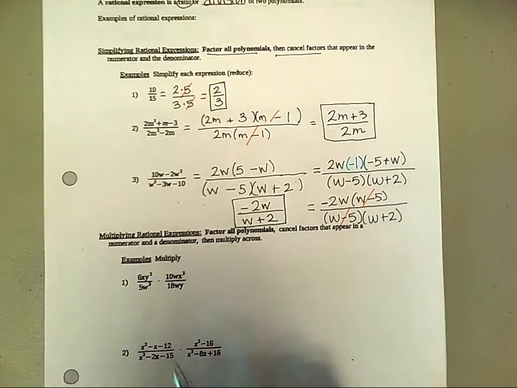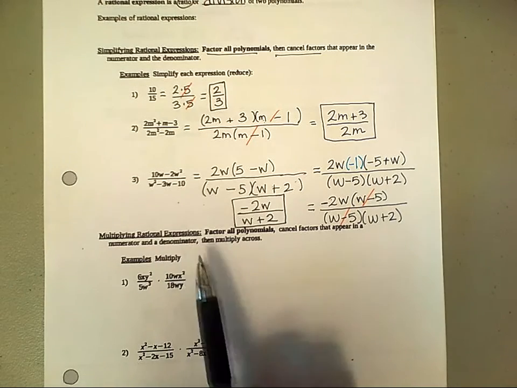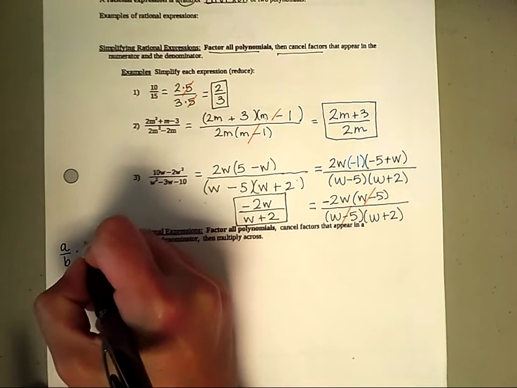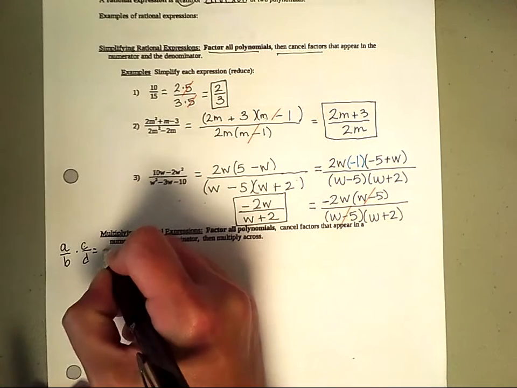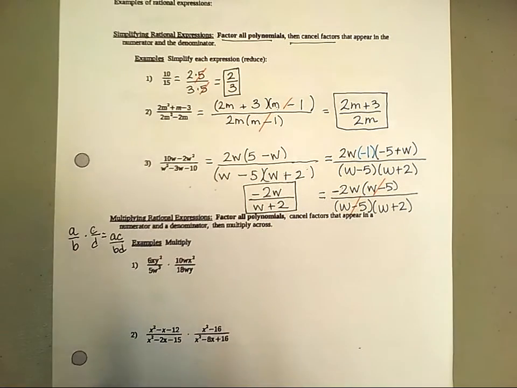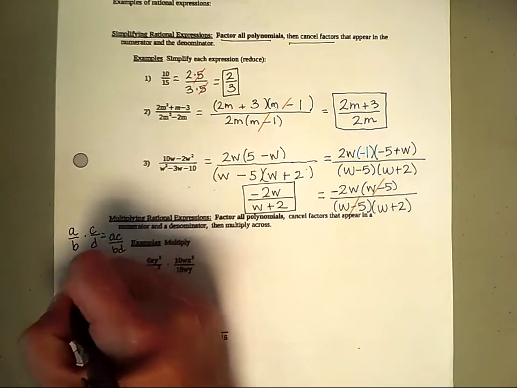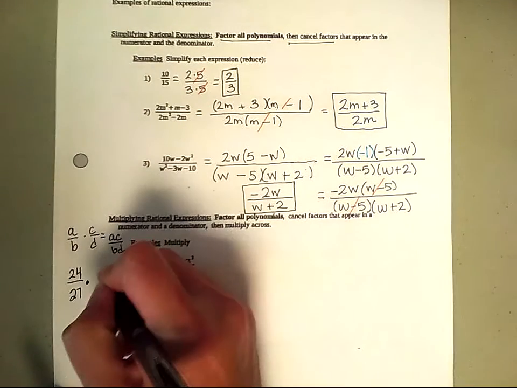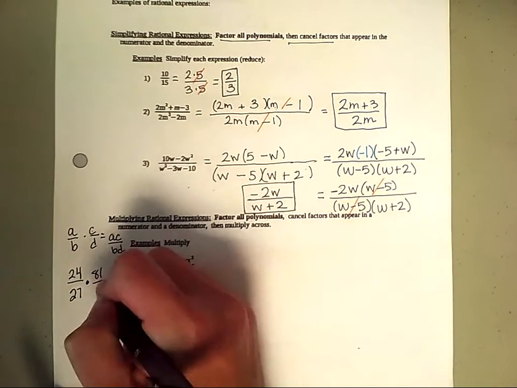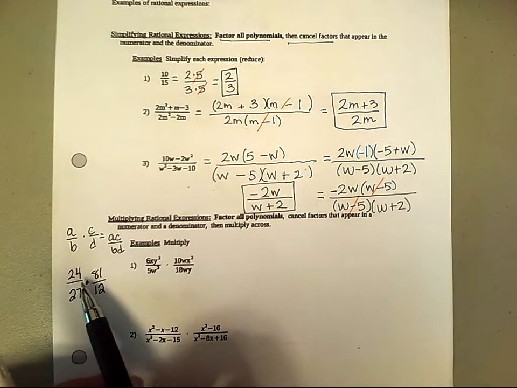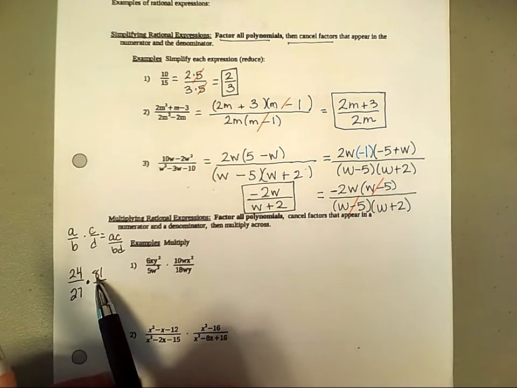Okay, now to multiply rational expressions, the same thing will happen. Remember, when you're multiplying fractions, you just multiply across. So that's a times c over b times d. But say if we had 24 over 27 times 81 over 12, we'd really like to do some canceling first, because I don't want to multiply 24 and 81 by hand and then find the factors of it.